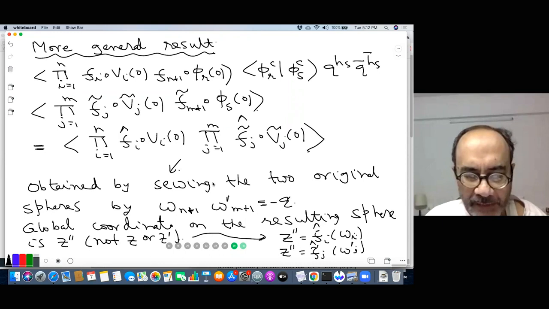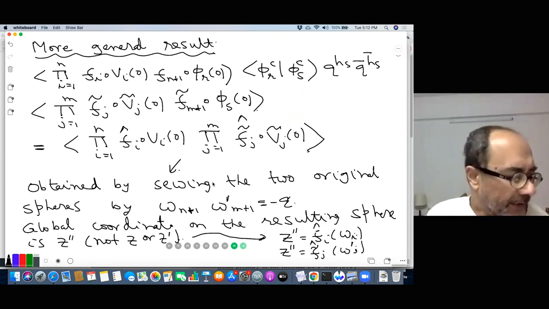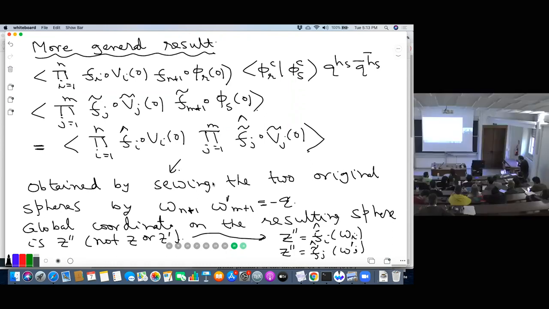In simple cases, you can find it. For the Schottky group, you are identifying by the SL2C transformation, so in that case I think you can still do it in closed form, but otherwise it will involve solving a differential equation. Okay, thanks, Ashok.